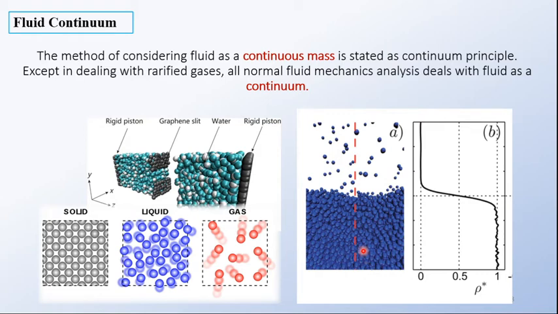But whenever a theory is applied or the law is applied, it is assumed that the gas is fully present everywhere. There is no gap as such. Even for liquids also, there is no gap as seen here. In actual practice, it is there, but it is assumed that liquid will come in full.